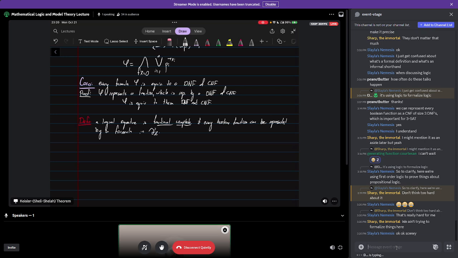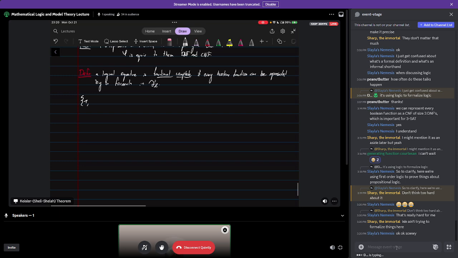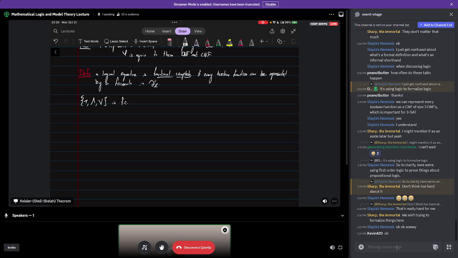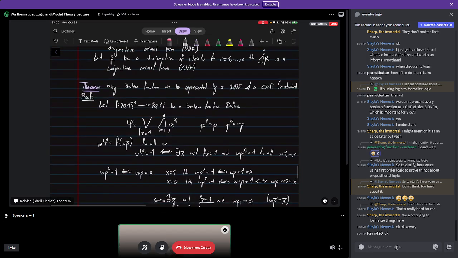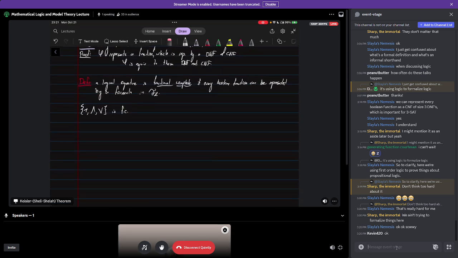Okay, so for example, we just showed that negation, conjunction, and disjunction is functional complete. Why is it functional complete? Because a DNF and a CNF, all they need are conjunctions and disjunctions. But we showed before that a conjunction can be represented using disjunction and negation, and a disjunction can be represented using negation and conjunction.